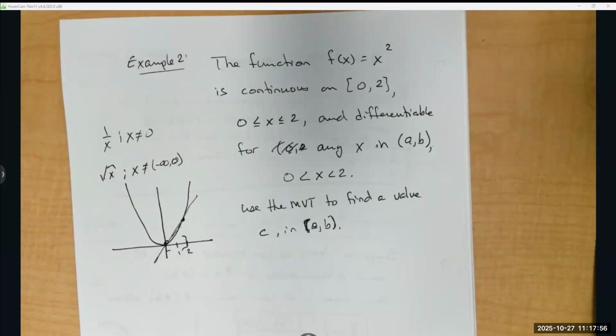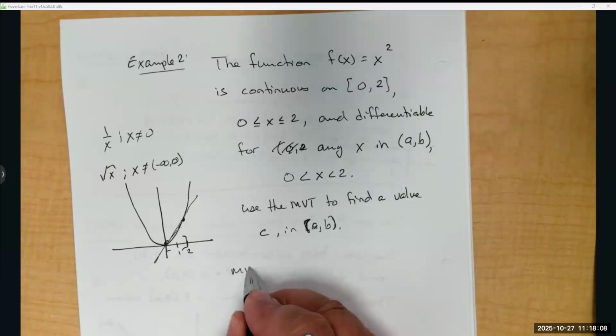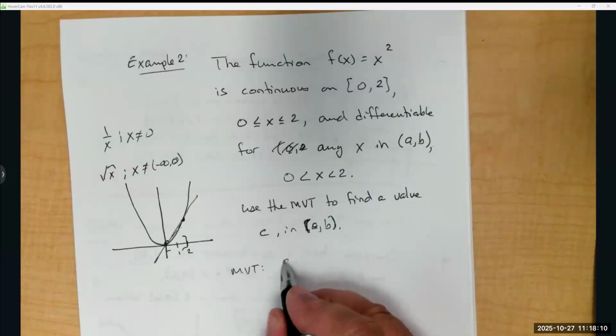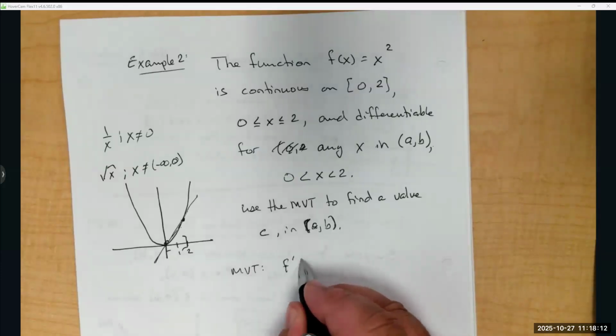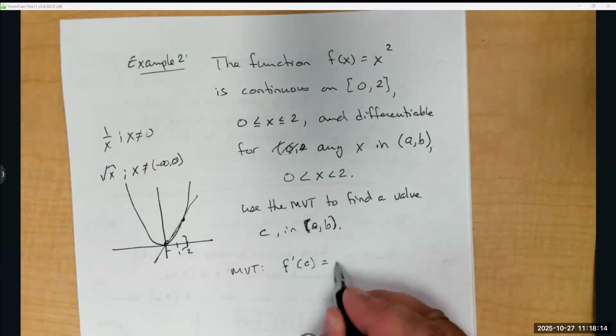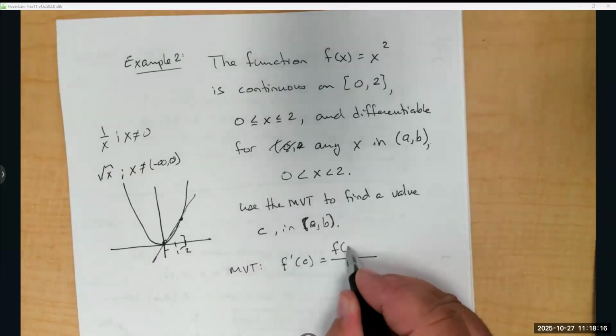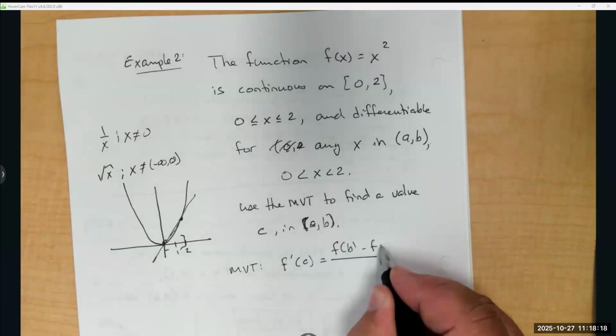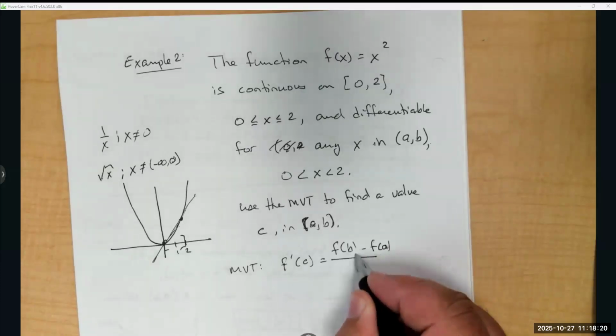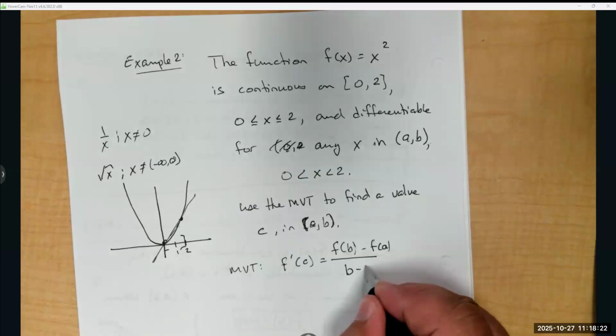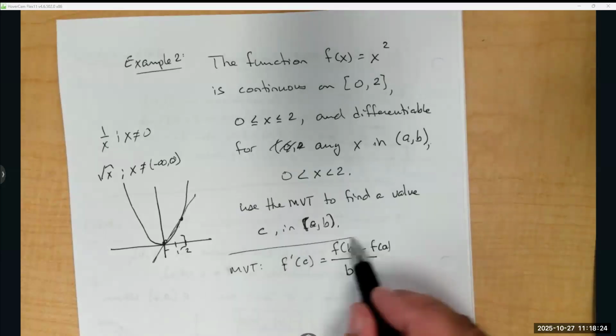Now, the reason the question doesn't say anything more than that is we know what the mean value theorem says. What does the mean value theorem tell us? It tells us that the derivative at C is equal to f of B minus f of A over B minus A. That's what the MVT tells us.